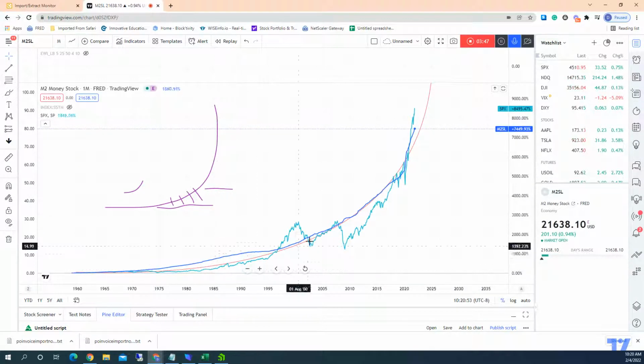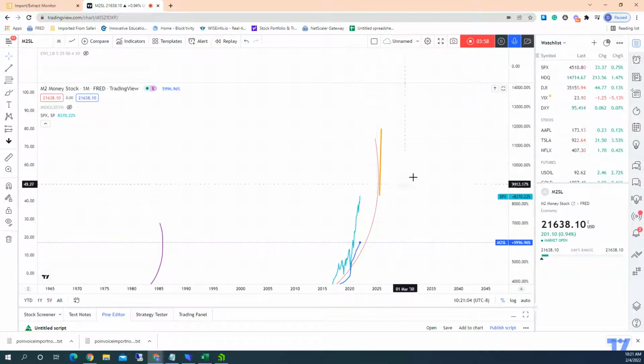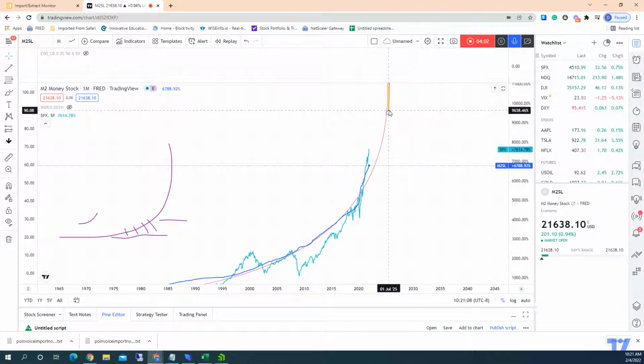And this red line that I have here was just to kind of guide that. So I attach it here. I can see a curvature. Obviously, it's not going to curve backwards here, but you get the point. Right around this zone is when it starts to go parabolic, right?